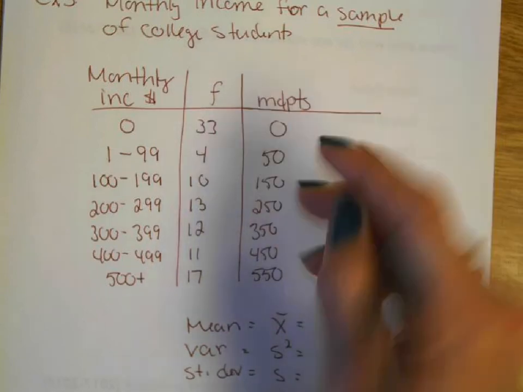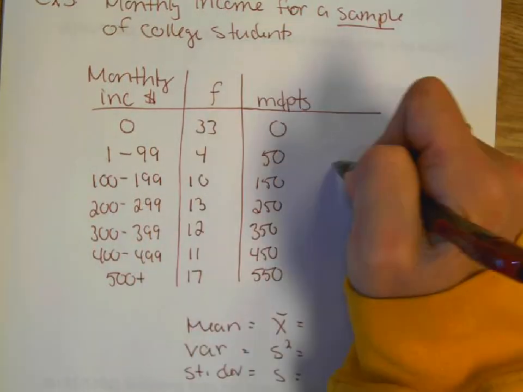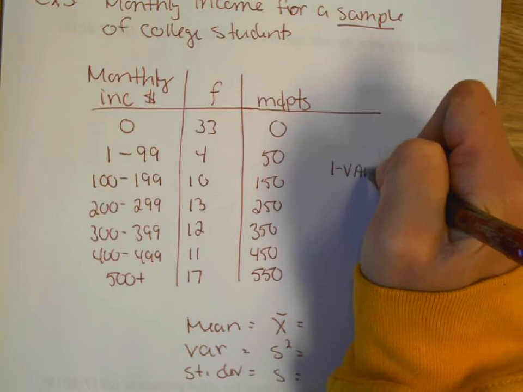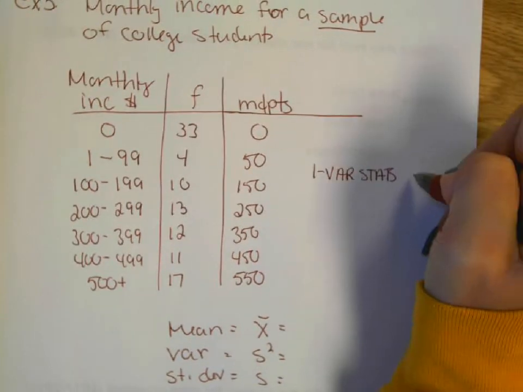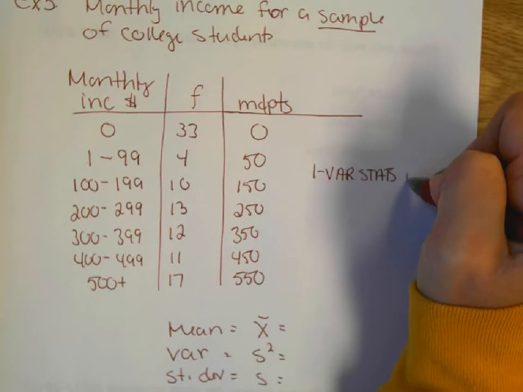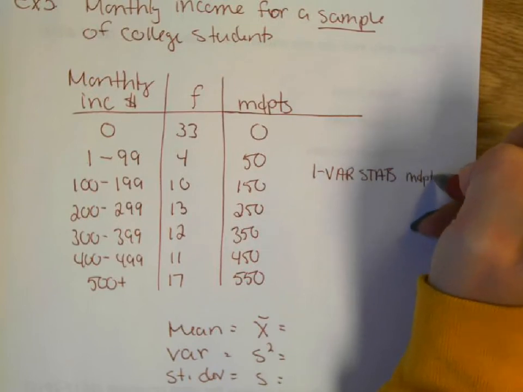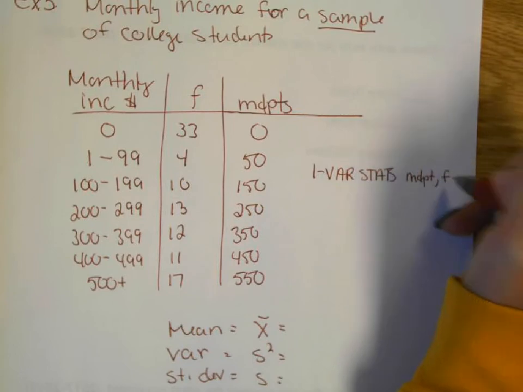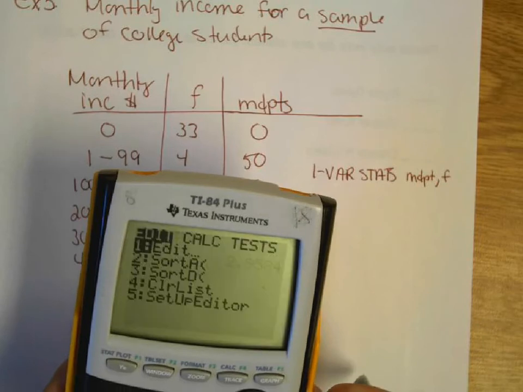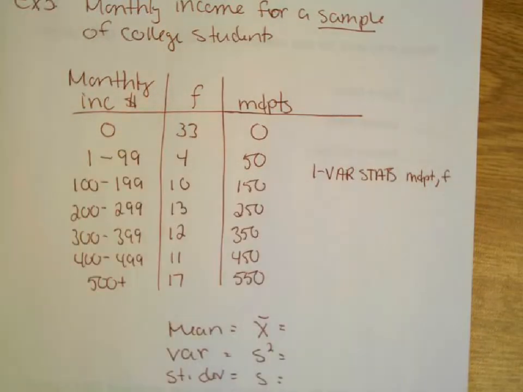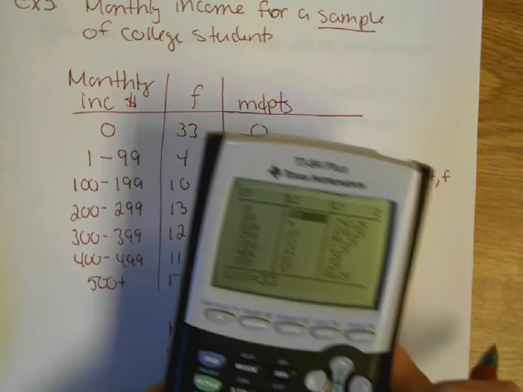So again, the calculators are built to do this. Our quick way, use the 1-Var Stats. And we want to use the midpoints, comma, frequency. So I've got those right here.